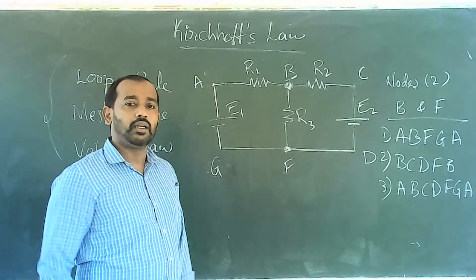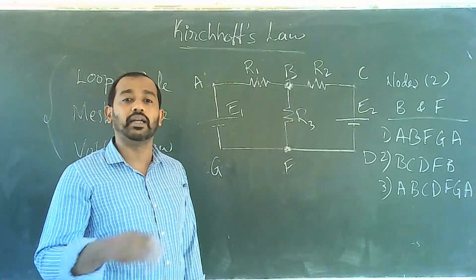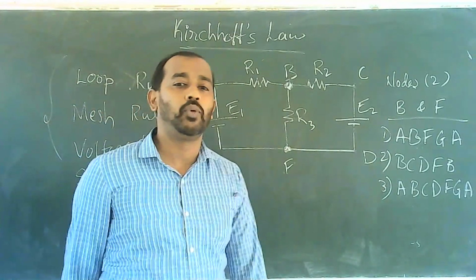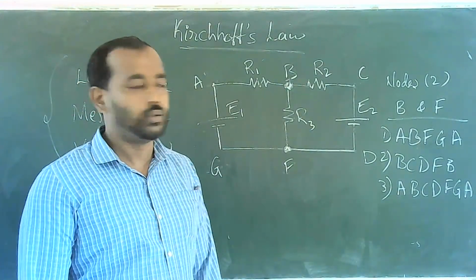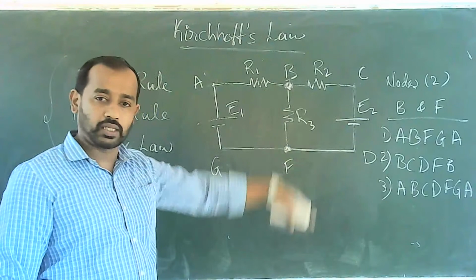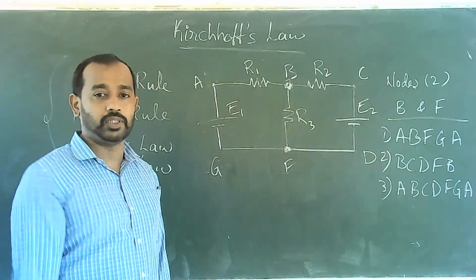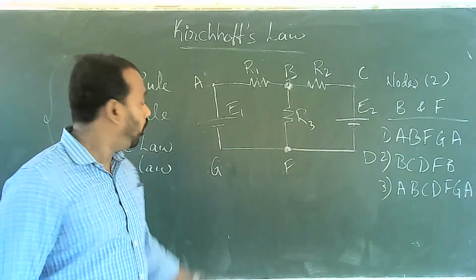It is very simple. Now we need to identify the currents. We have to put the currents in each loop. What are the different currents flowing in the circuit? This is our responsibility. We have to name the currents.